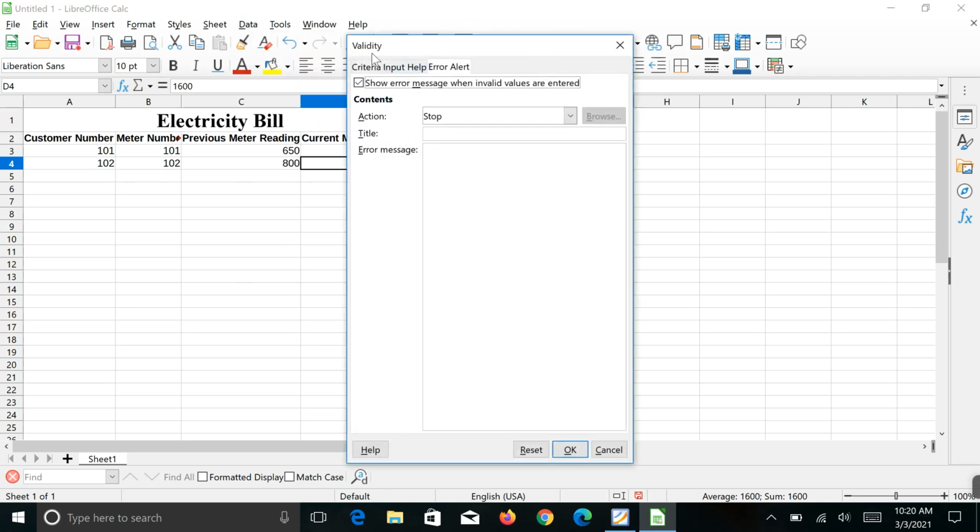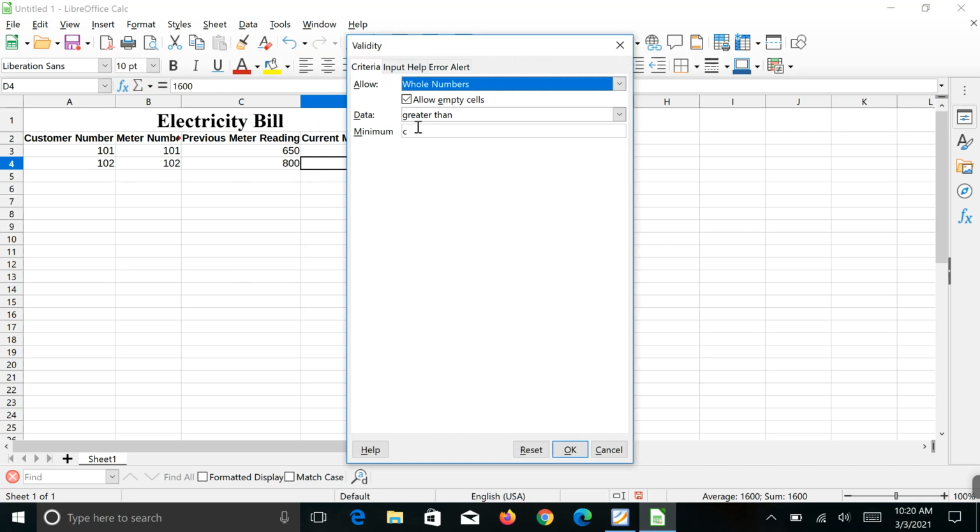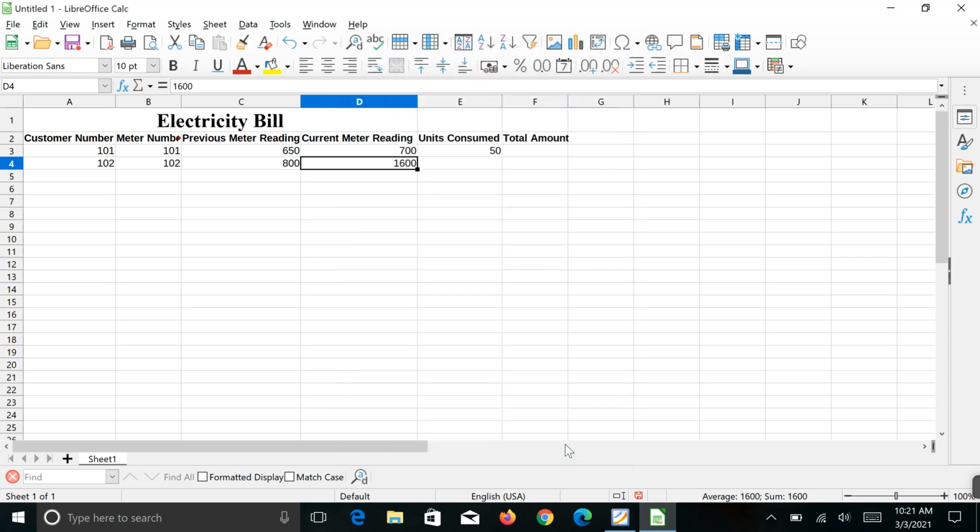Validity criteria, C4. So let us check, if I give 400, what do I get? See, invalid value. So 1600 only will come.